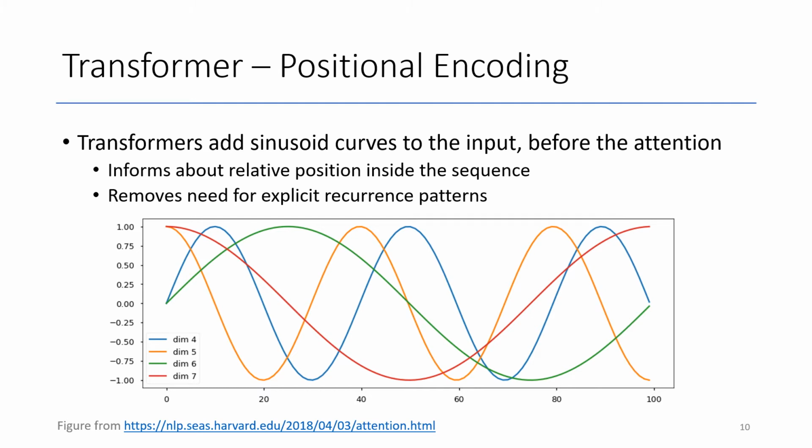So each dimension receives as an addition the value of one of those curves at its current location in the sequence, which means that relatively speaking, if you measure the distance, for example, with cosine similarity, the relative distance is always the same between positions. But of course, the absolute value is different.